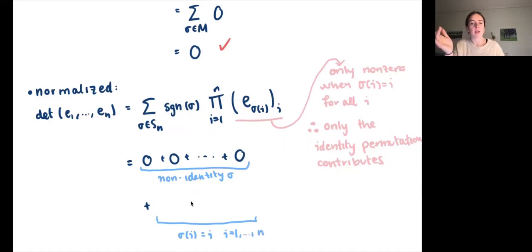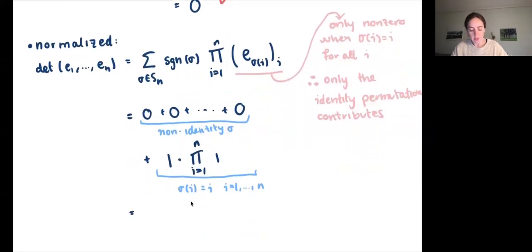So let's calculate what that is. Well, the sign of that permutation is 1 because we don't have to do any transpositions. So we get 1 times the product as i goes from 1 to n of e_{i,i}. Like we said, e_i is equal to 1 in the ith coordinate, so this is a product of a bunch of ones. So overall, we get 1.